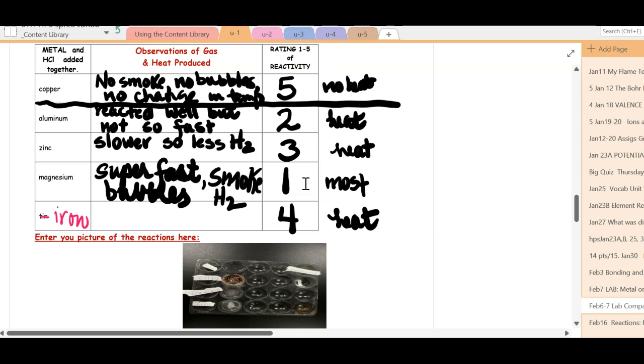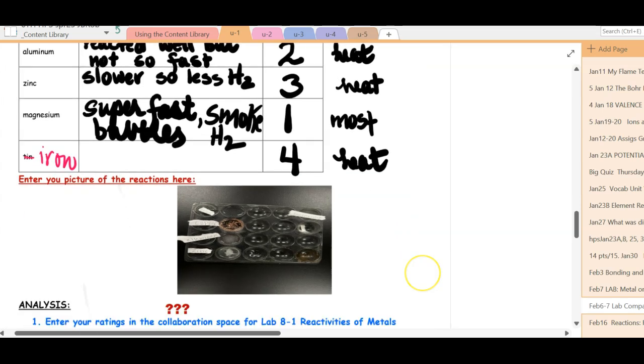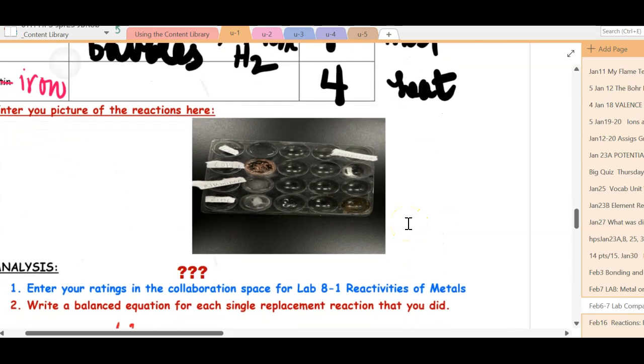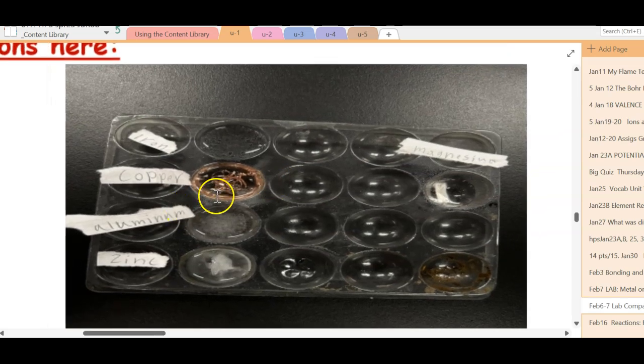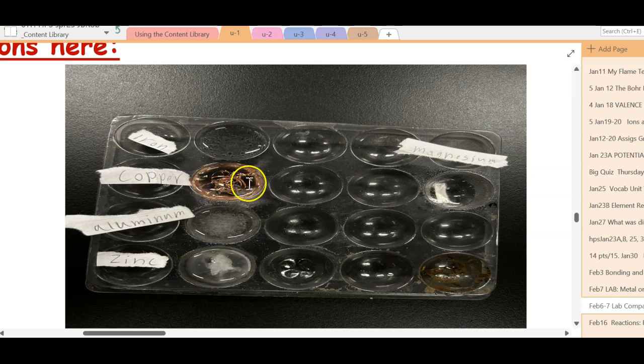All right, and then you were actually good at figuring out that aluminum was more reactive than zinc, which was more reactive than iron. And here's an example of someone's plate that I captured where you could see the labeled reactions. And we saw that copper just did next to nothing.